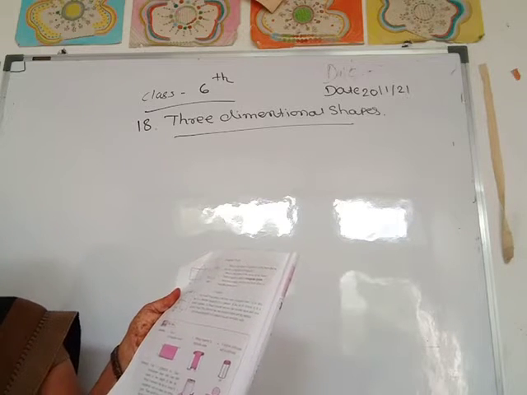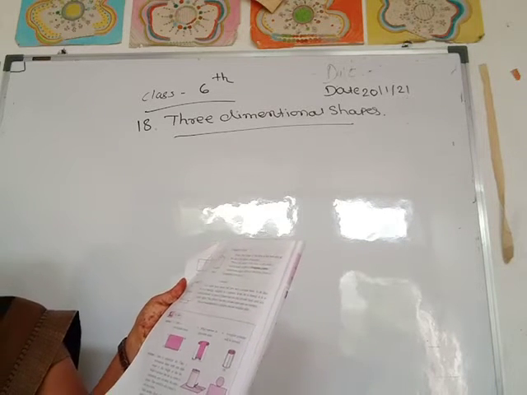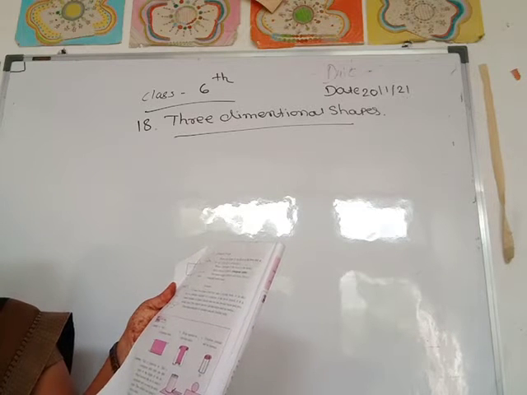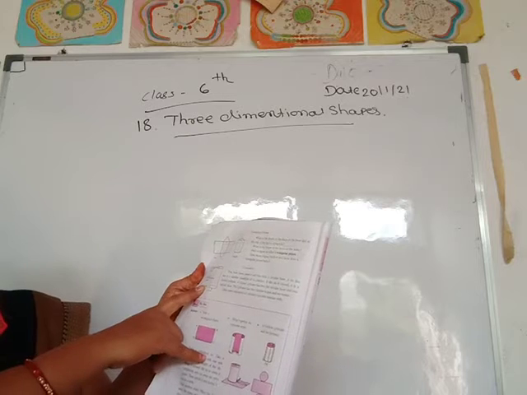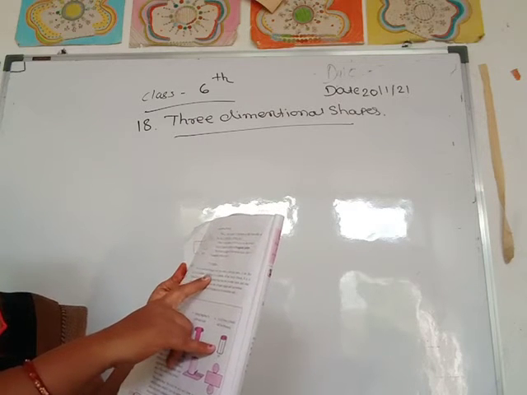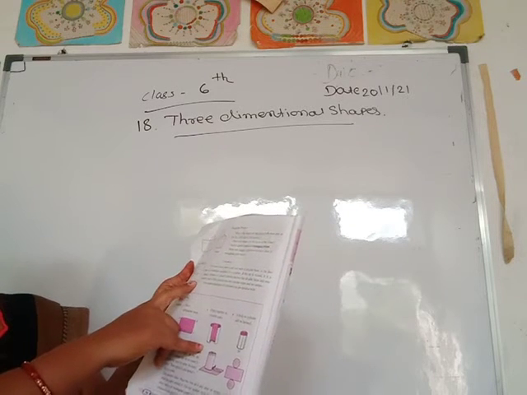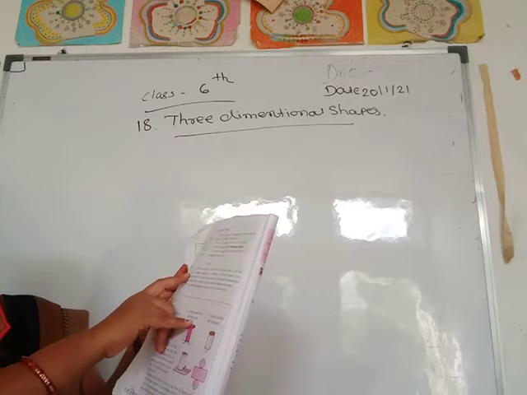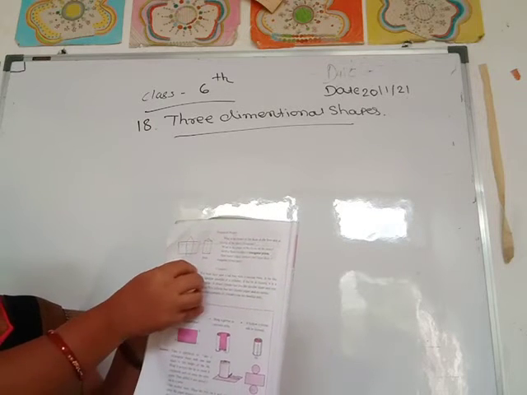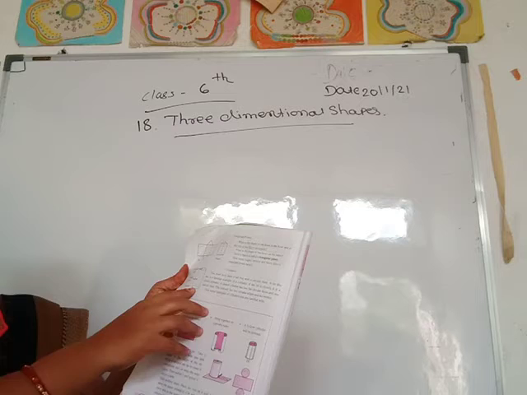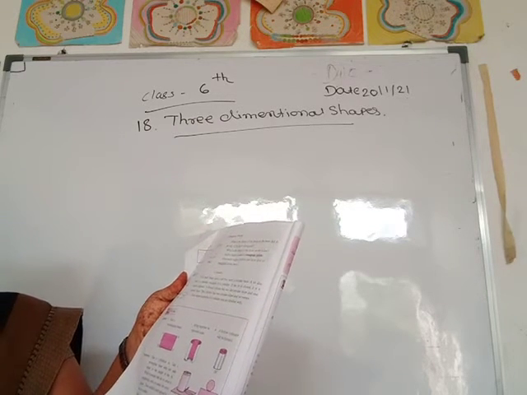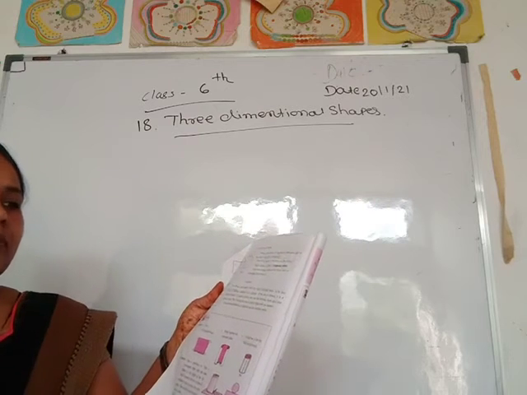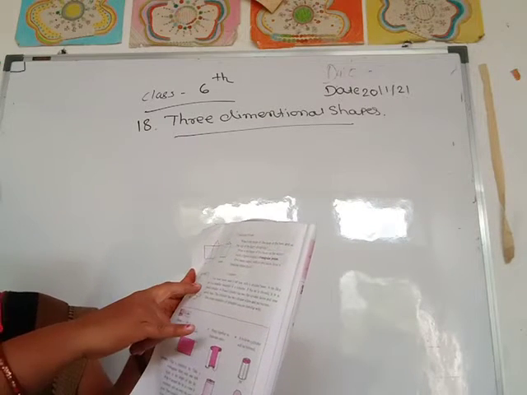Then next, see this figure, the cylinder. You must have seen a tall tin with a circular base. A tin like this is a familiar cylinder shape. If the tin is closed, it is a closed cylinder. A closed cylinder has two flat circular faces and one curved face.